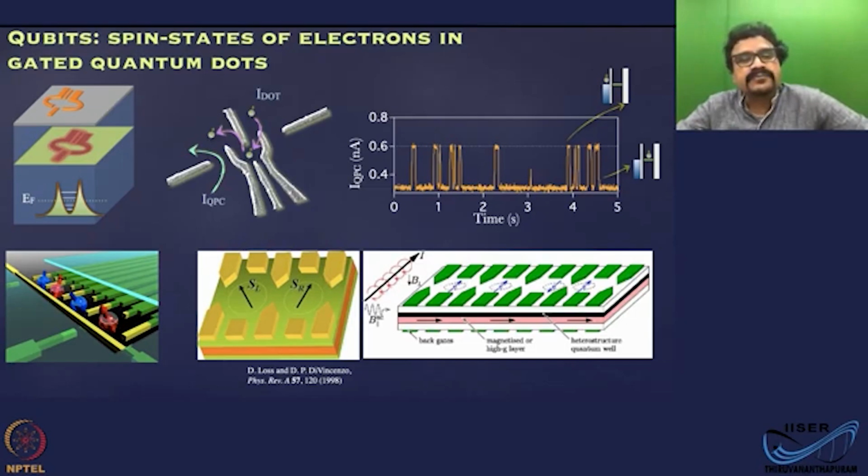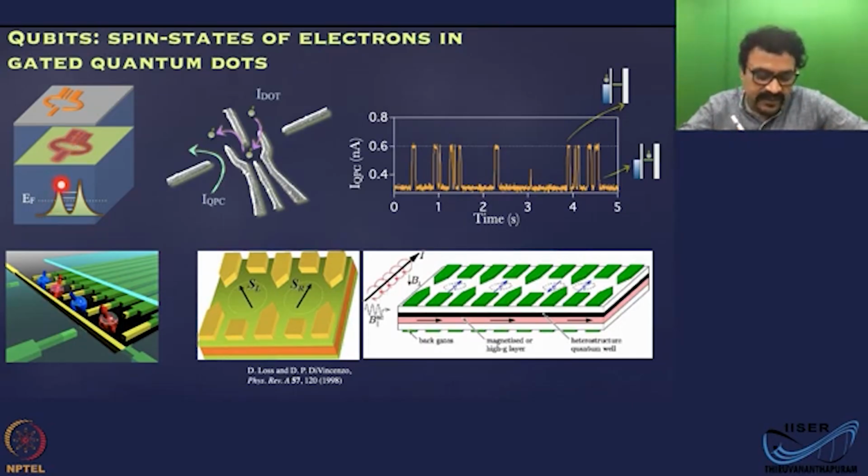Now, this is just to give you a feeling. This also we have discussed. So you have some sort of two-dimensional electron system. Say, for example, it could be gallium arsenide, aluminum gallium system. And when you apply voltages on lithographically defined gate patterns on the surface, you can confine electrons in the middle.